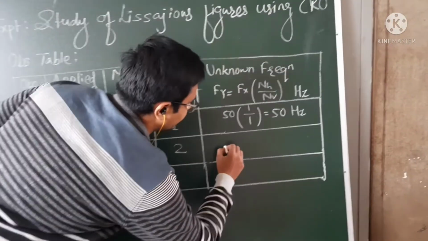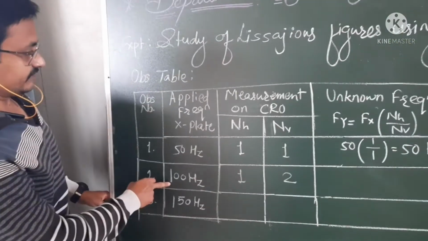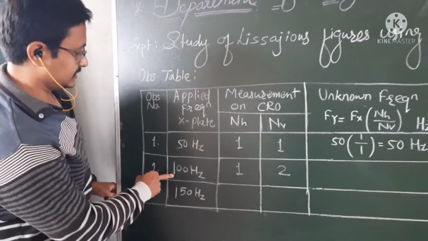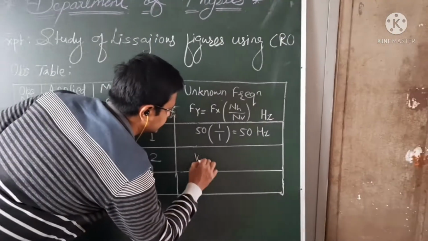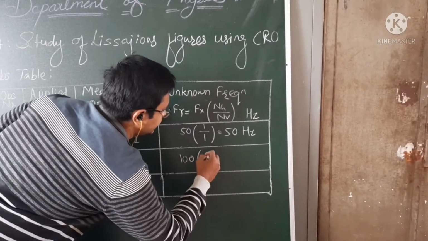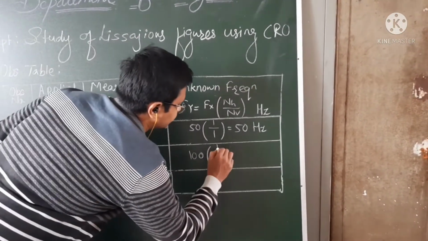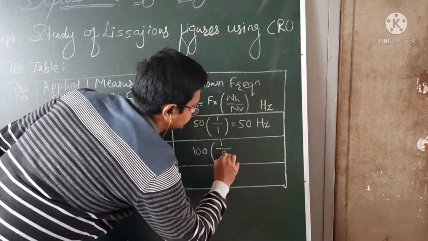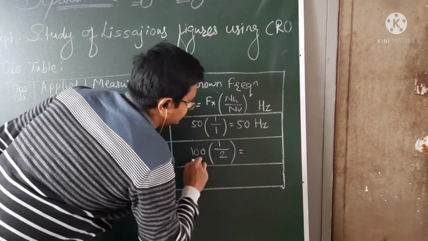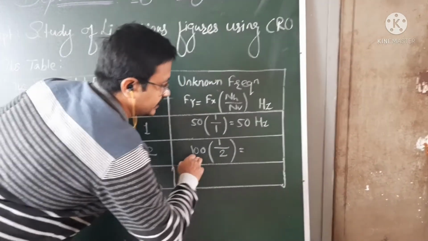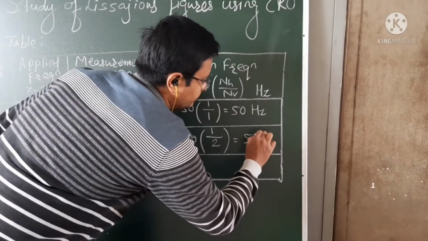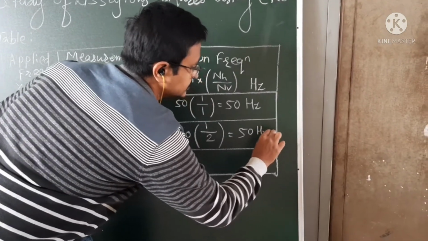Therefore, according to the formula, applied frequency, that is fx, is 100 hertz and NH, that is 1 divided by NV, that is 2, which is equal to 1/2 of 100, that is 50 hertz.